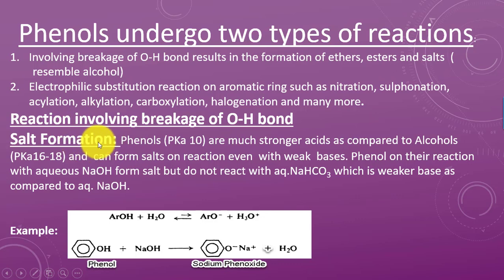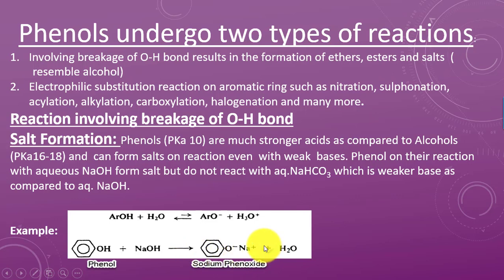salt formation. Salt formation is related to the acidity of phenol. We say that phenols, having a pKa value of about 10, are much stronger acids compared to alcohols, and they can easily form salts with weak bases, like aqueous sodium hydroxide, which reacts with phenol and forms the sodium phenoxide ion.